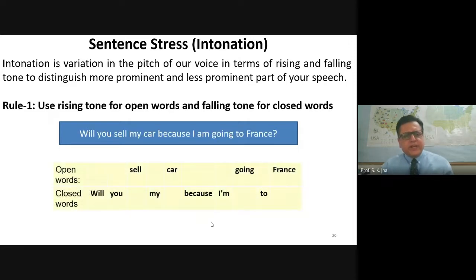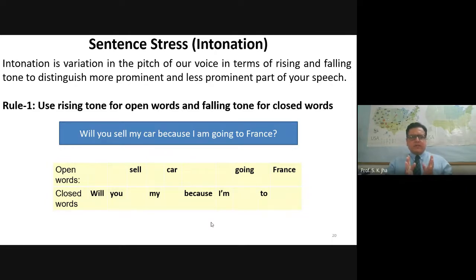Let me tell you very briefly that open words are semantic words, and closed words, in your traditional grammar, you must have seen open words are nothing but content words, like your noun, verb, adjective, adverb. These are open words. But your closed words are your structure words, like your preposition, conjunction, article, etc.